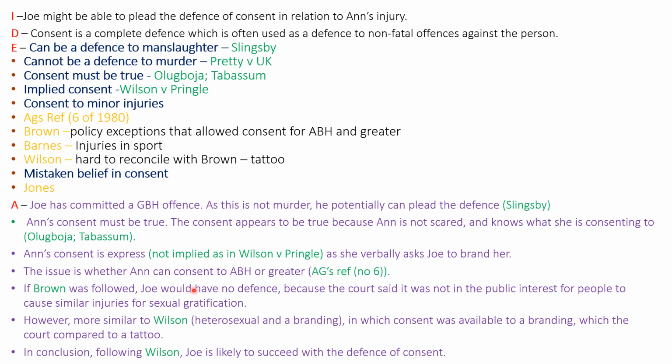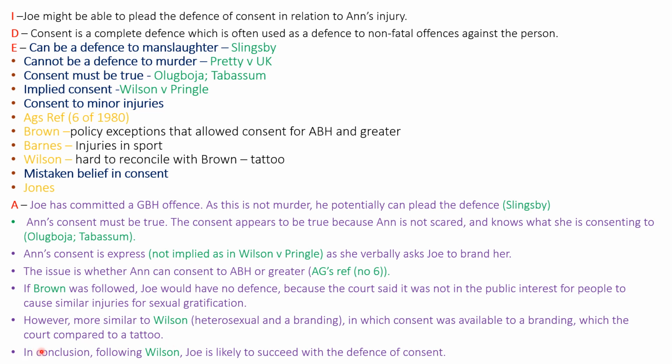However, the case appears on the facts to be more similar to Wilson, perhaps, because it's a case involving a heterosexual couple and a branding. And in the case of Wilson, consent was available, and the court compared the branding as being similar to a tattoo. So we could apply that rationale here to Anne.